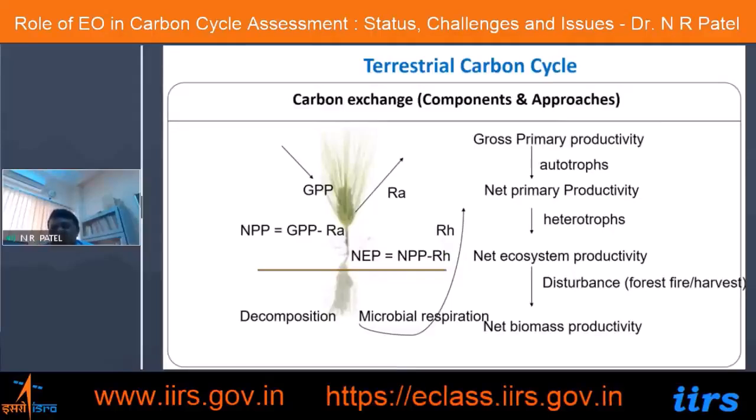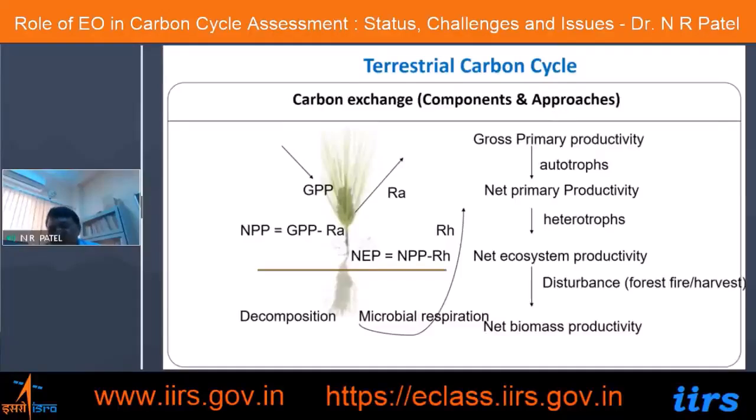Because in the case of an agriculture ecosystem, whatever carbon is taken up or stored in the vegetation, most of these crops, their seeds or biomass, is being fed either to cattle or consumed by human beings. So it has a very short half-life.